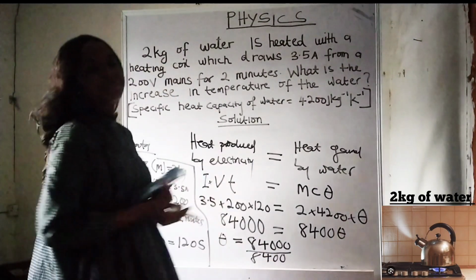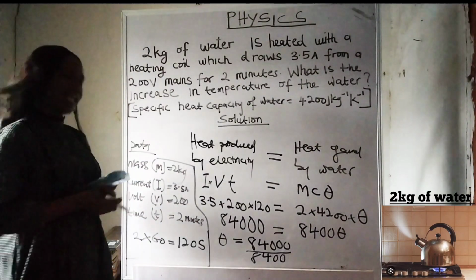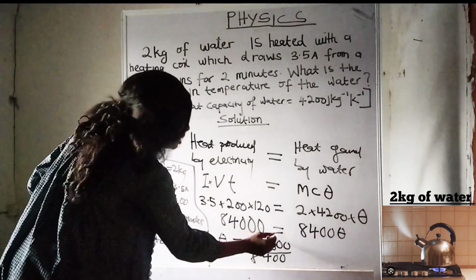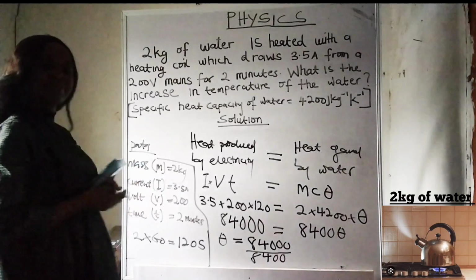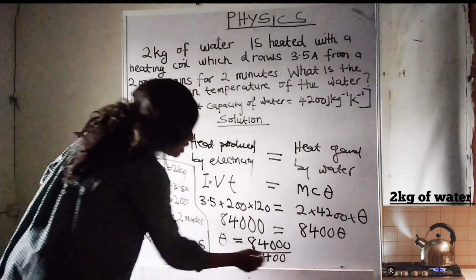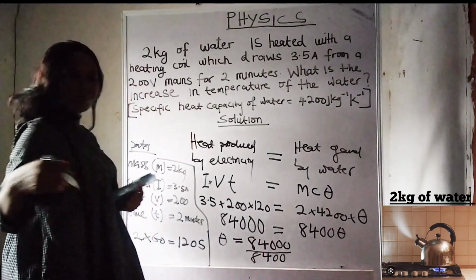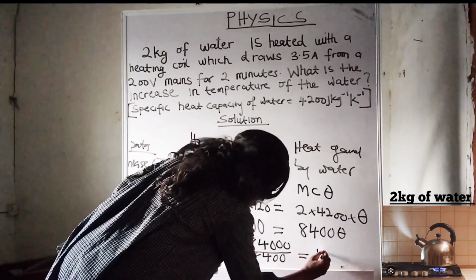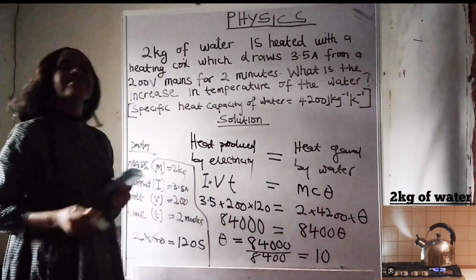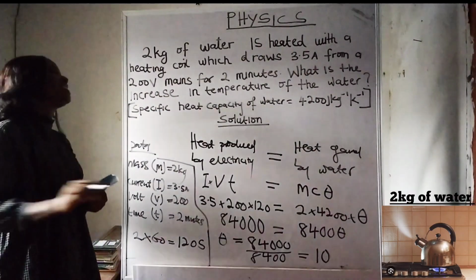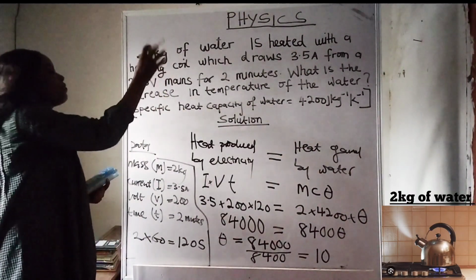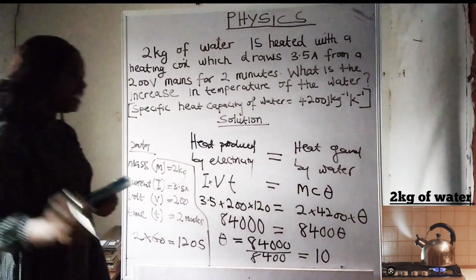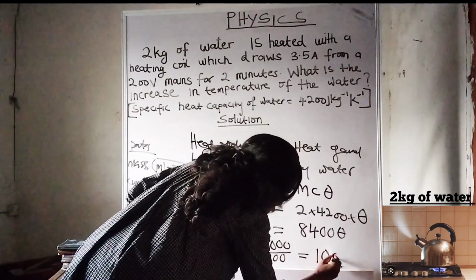If this divides this, what do we get? What we get is equal to 10. So our theta, which is the increase in the temperature of this water as it is being heated, is 10 degrees Celsius.